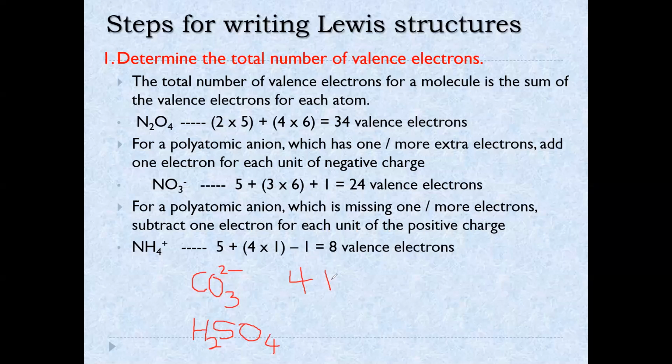Oxygen has 6 valence electrons, and there are 3 of them. 6 times 3 is 18. And because it has gained 2 electrons, we add 2, and that now gives us 24. So 24 valence electrons. What about H2SO4?